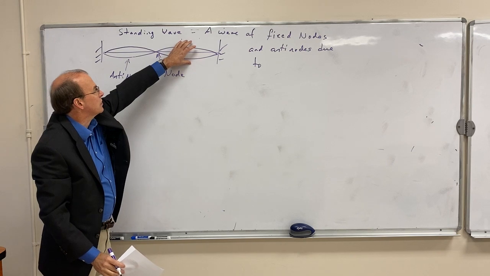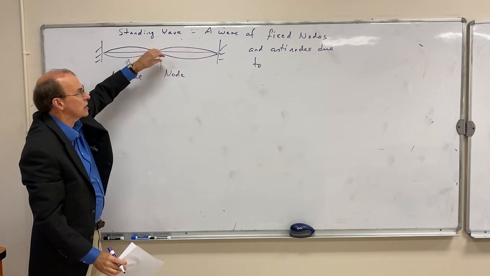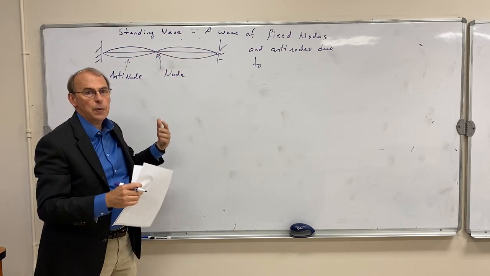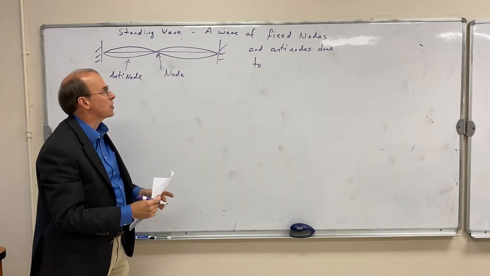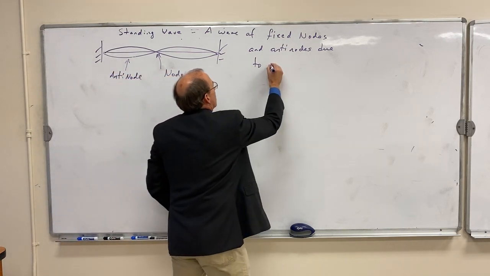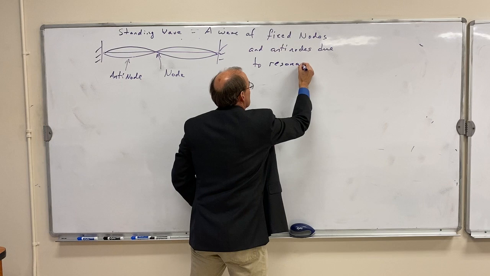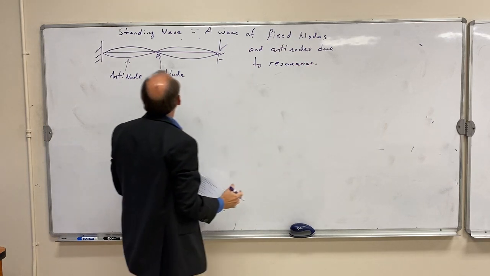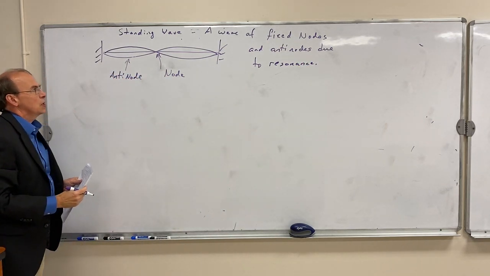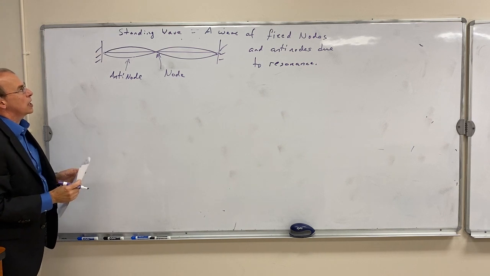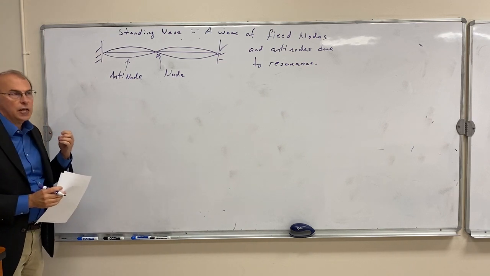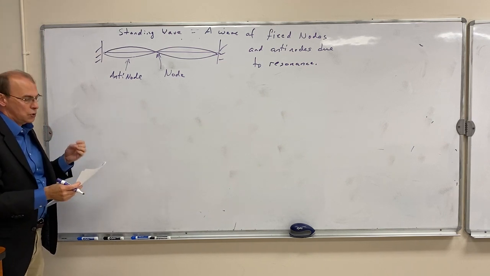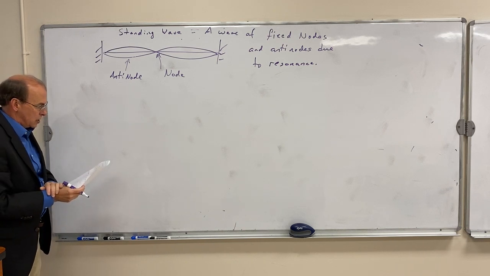I'm getting constructive interference here and destructive there. That's true. But this happens because of something else you've learned about, because of resonance. So this happens at particular frequencies where this is possible. So a standing wave is a wave of fixed nodes and antinodes due to resonance.